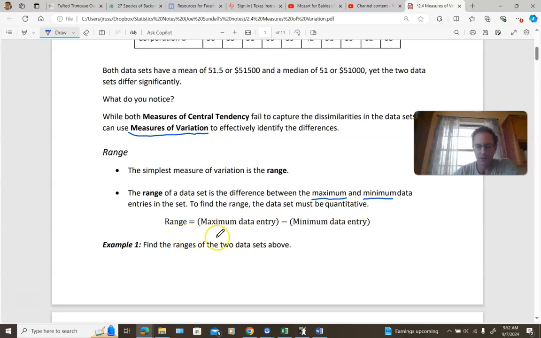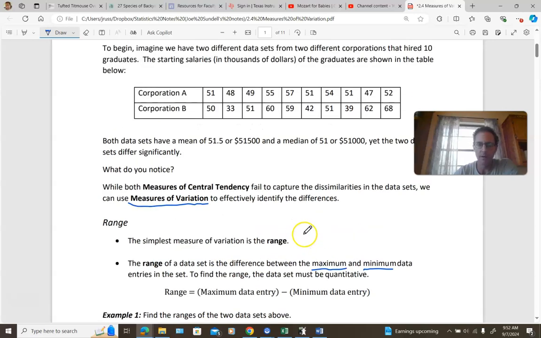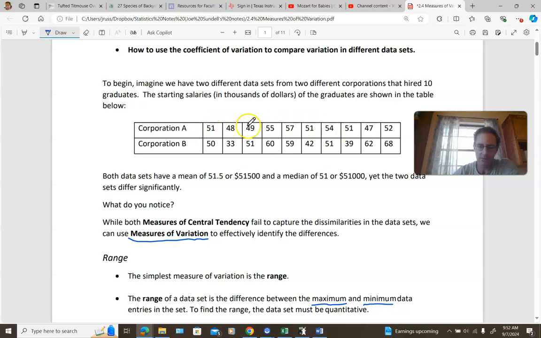So we're going to find the ranges of the two data sets above. The maximum from the first data set, namely Corporation A, I think is 57, and then the minimum I think we determined was 47.